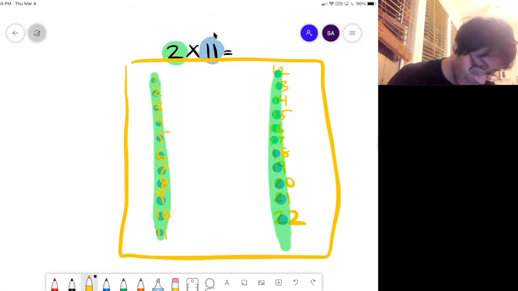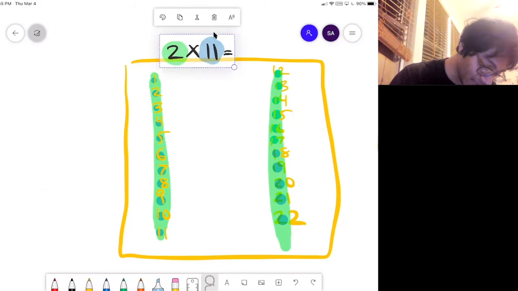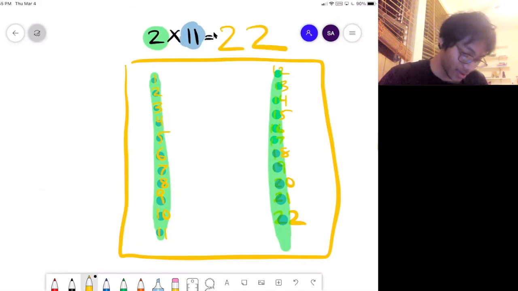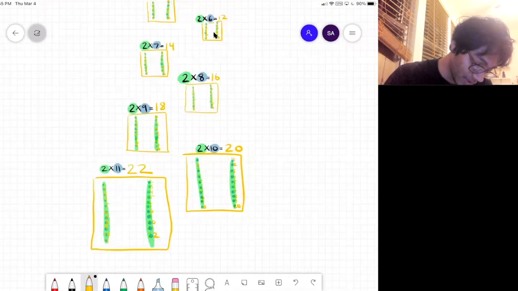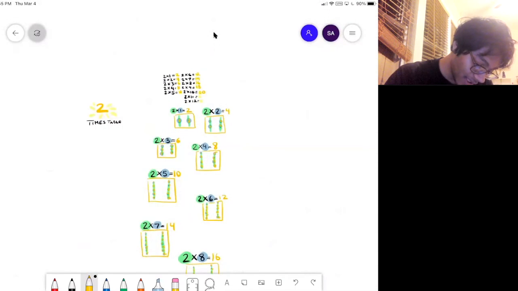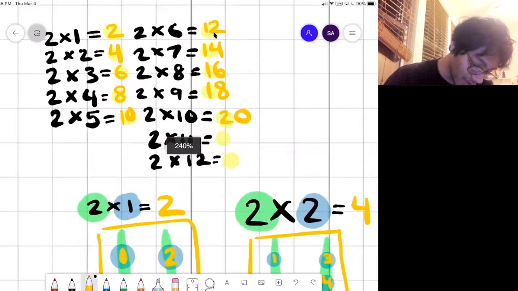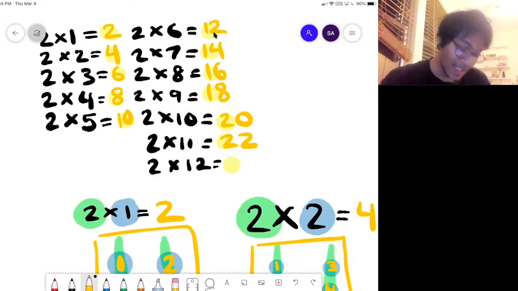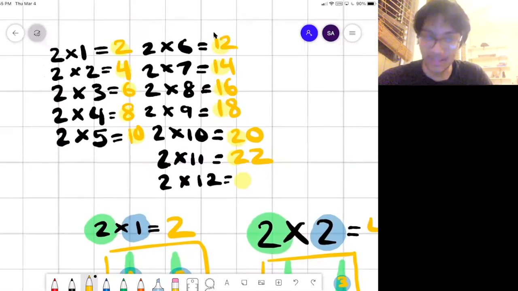So 2 times 11, what is 2 times 11 going to be? That's going to be 22. So let's go all the way up, back to our table, and we can write that 2 times 11 is going to be 22. Now for the last one.